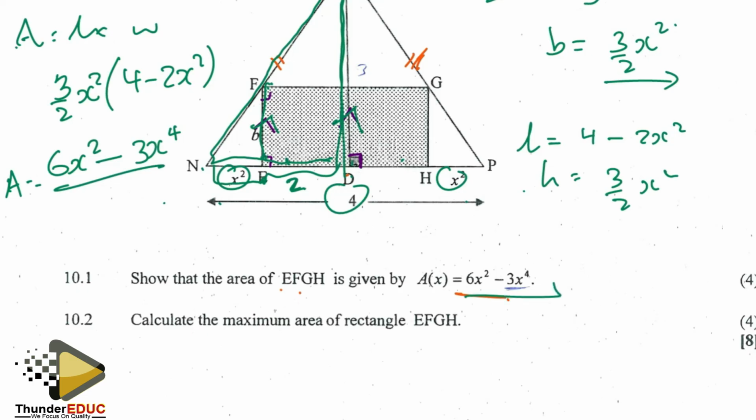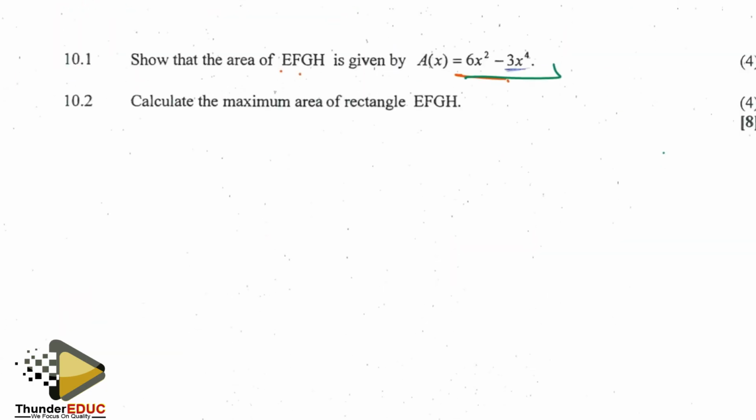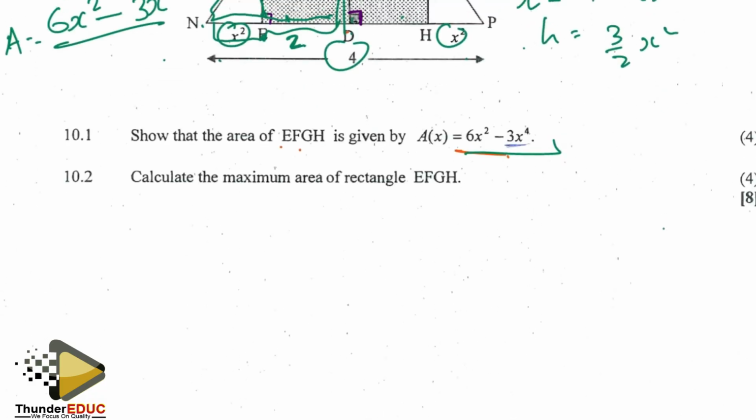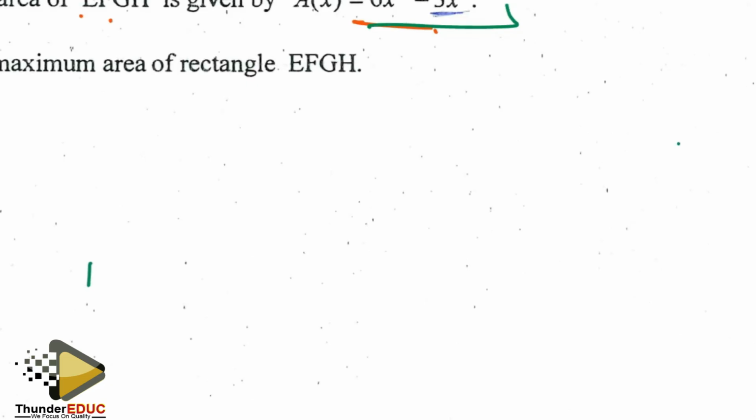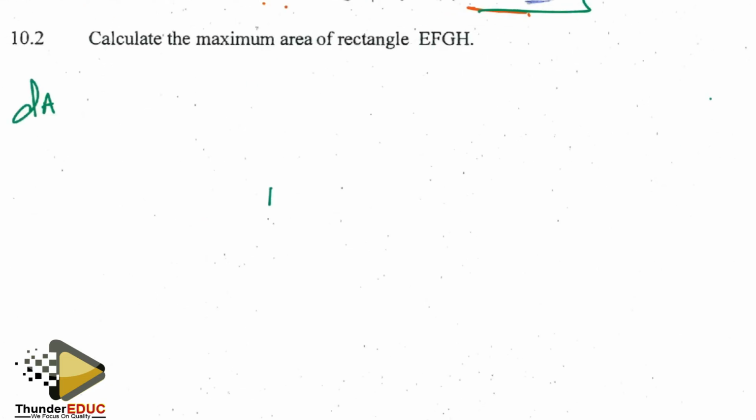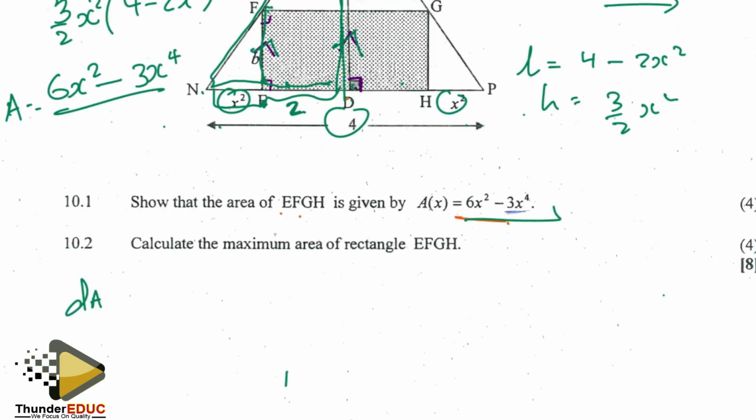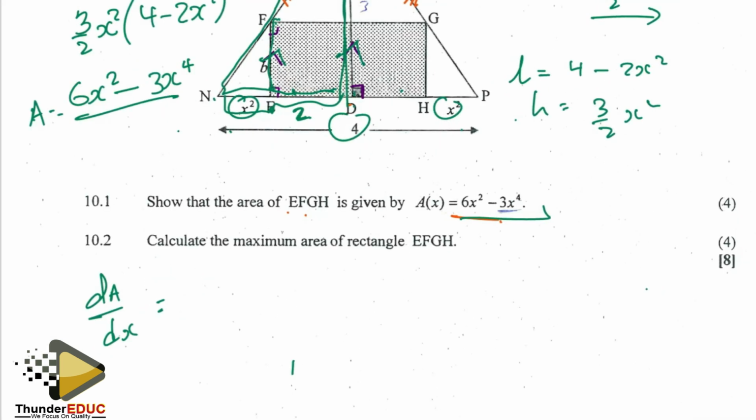Then calculate the maximum area for the triangle. For maximum area, we need to find the derivative dA by dx. That's going to be 12x minus 12x cubed.